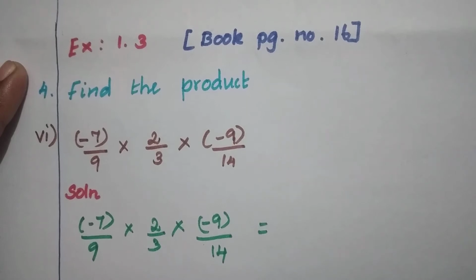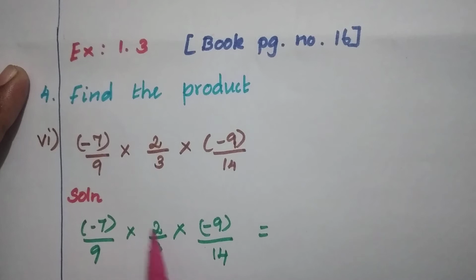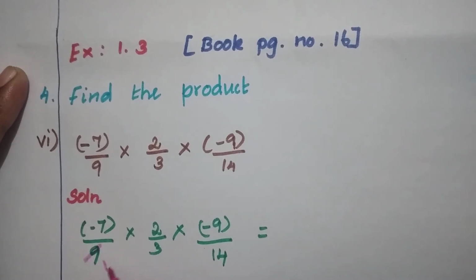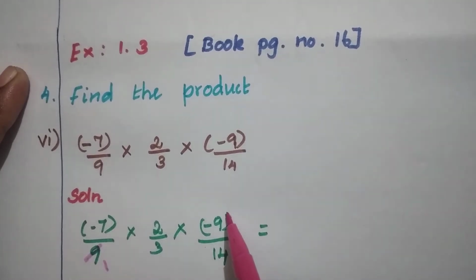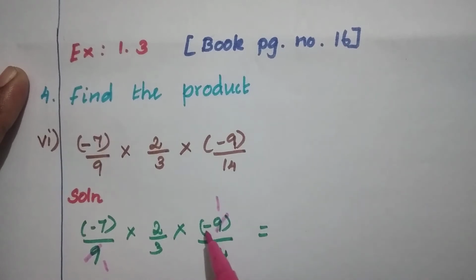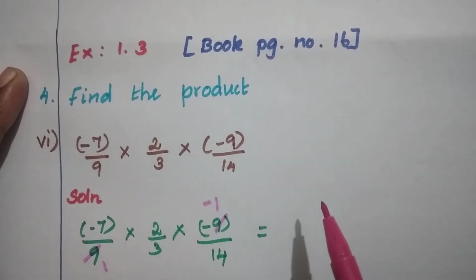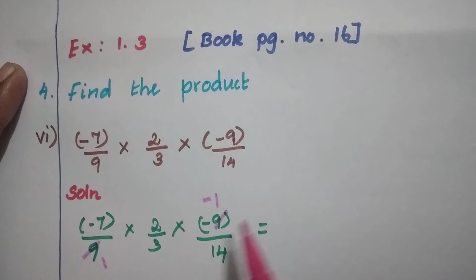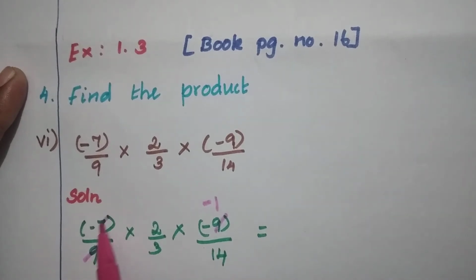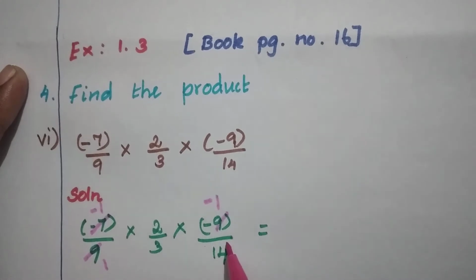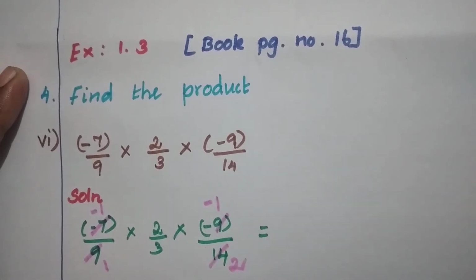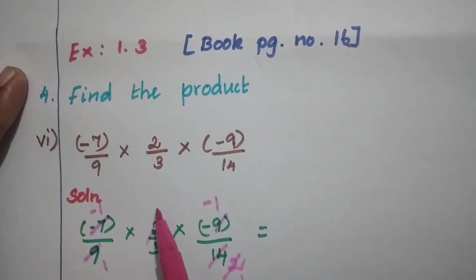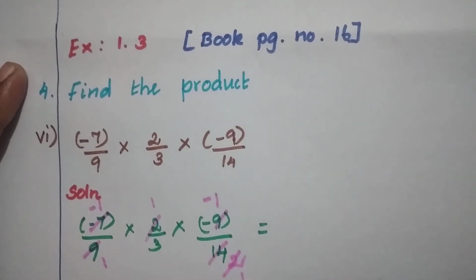Here we can cancel the numbers. 1 9 is 9 and here also 1 9 is 9. So here there is a negative sign, so this is minus 1. Here 1 7 is 7, here negative sign is there, so minus 1, and 2 7s are 14. 1 2 is 2, here also 1 2 is there, so 1 2 is 2.